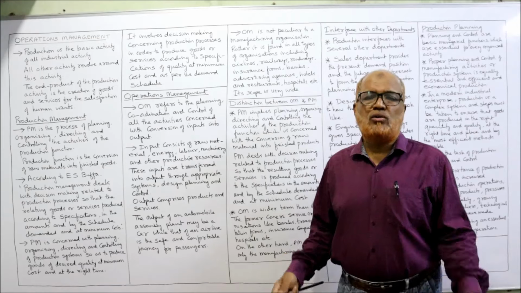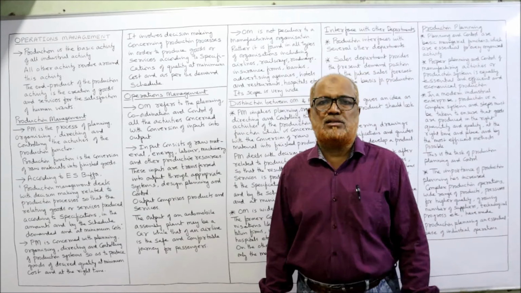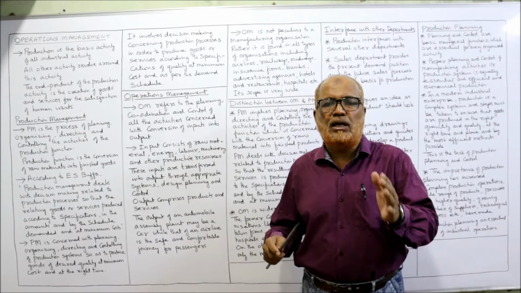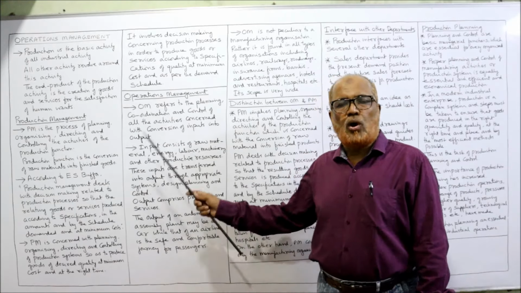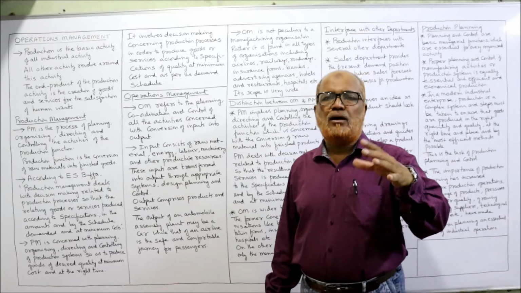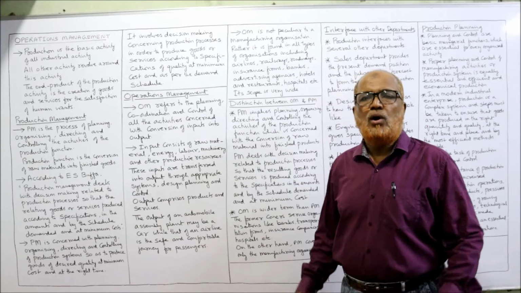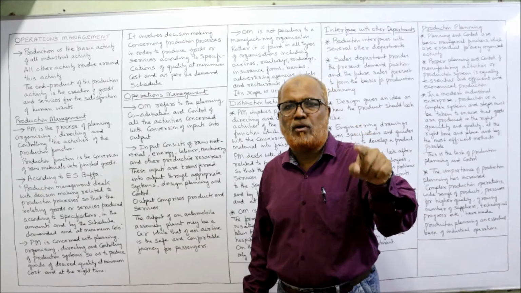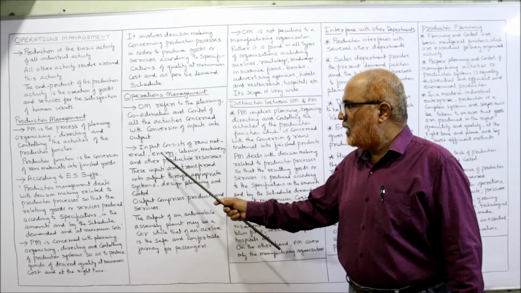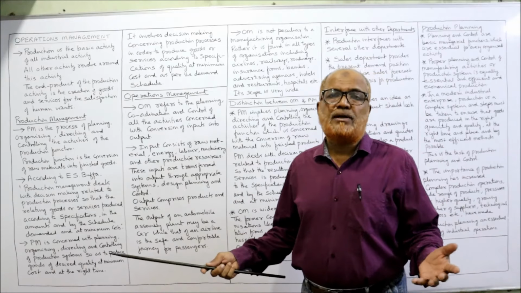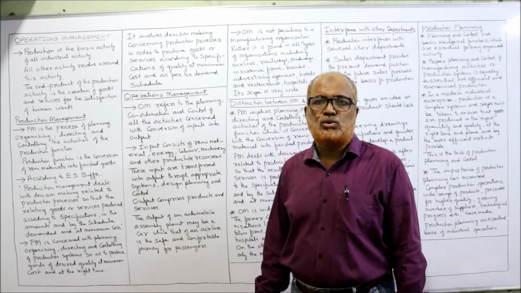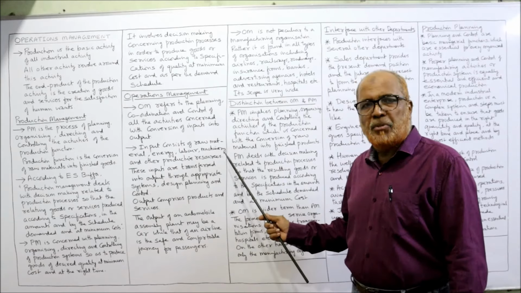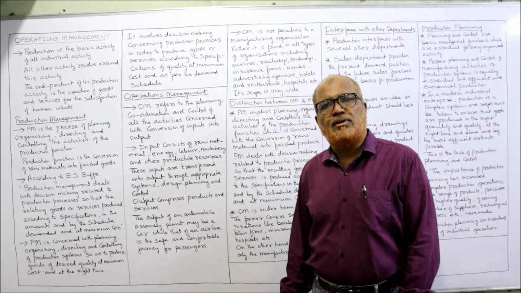Whether it is a manufacturing organization or a service providing organization, they use a number of resources in order to convert input into output. Input consists of what are the productive resources, what are the inputs we use. The input consists of raw material, energy, labor, machinery and all other productive resources.